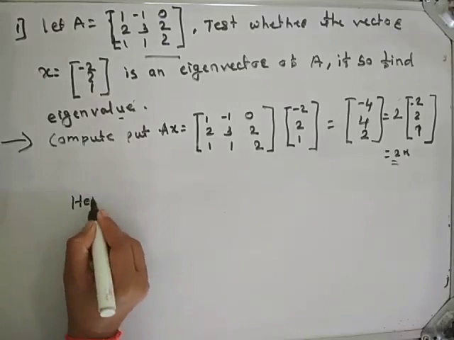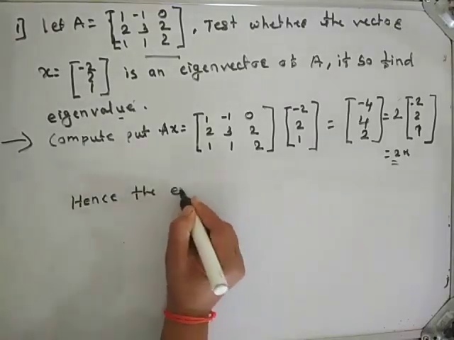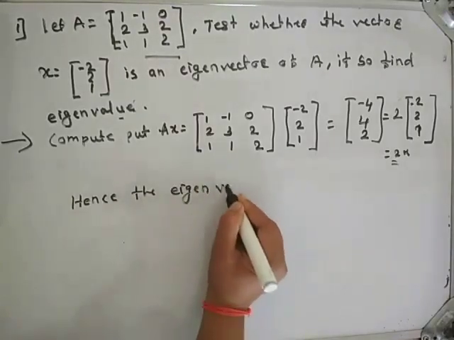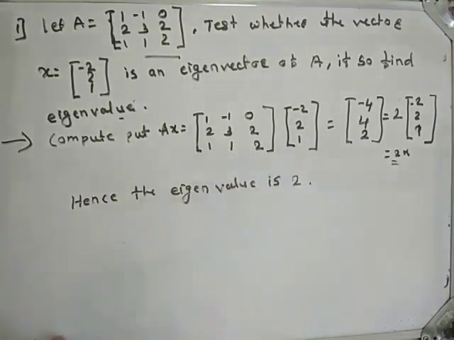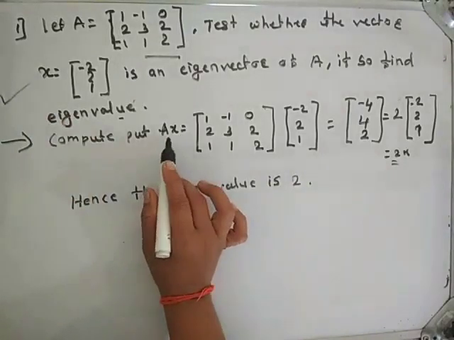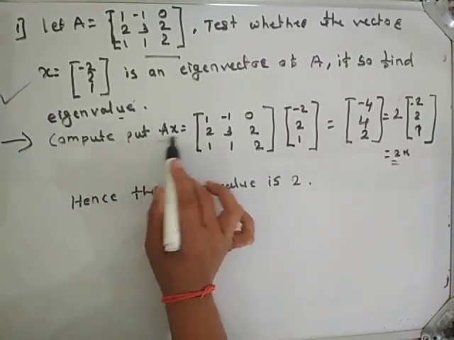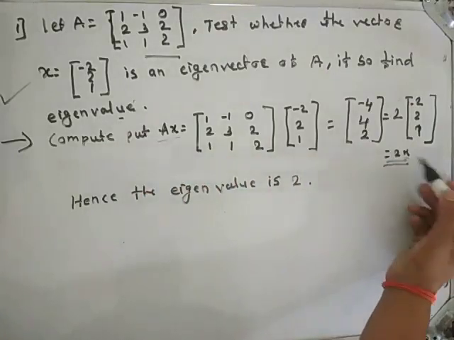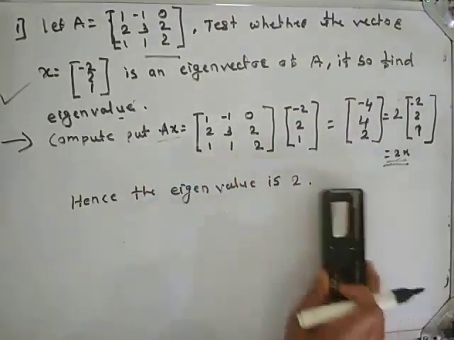Hence the eigenvalue is 2. If this type of example asks to find the eigenvalue, write down Ax in the form of lambda x, where lambda is an eigenvalue.